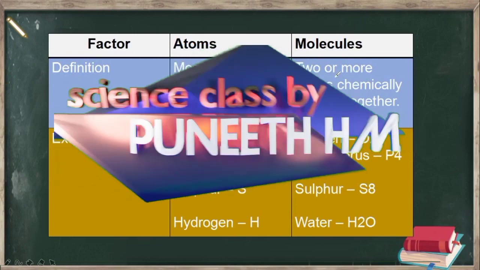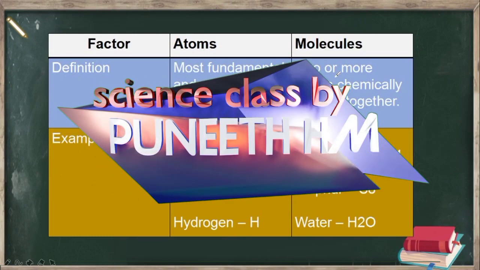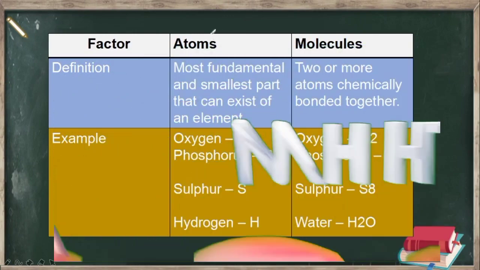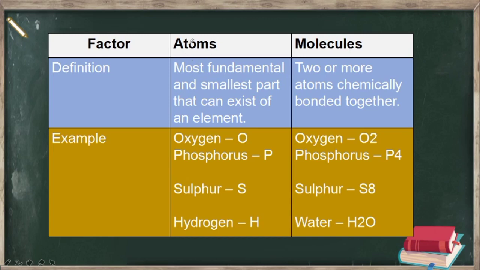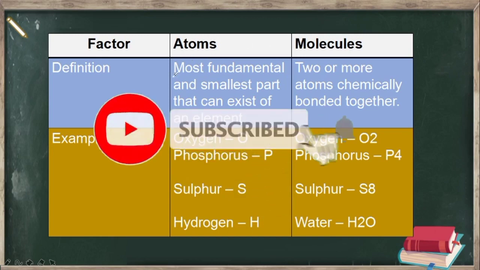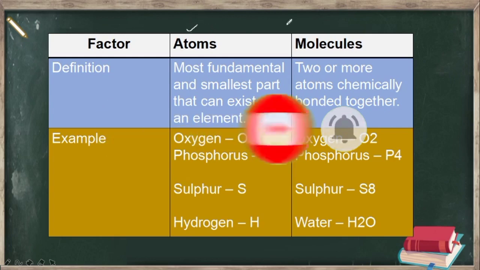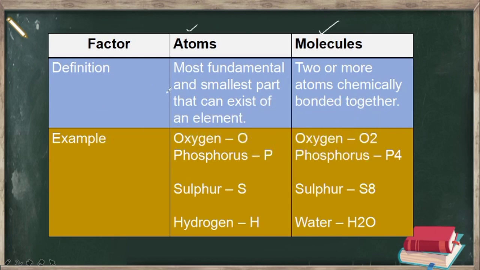But before moving on to that topic, you have to learn a basic concept: atoms and molecules, because whenever you are learning chemistry, these are the most fundamental concepts you should have in your mind. So what is an atom?